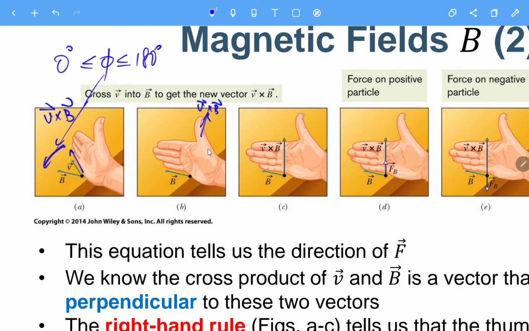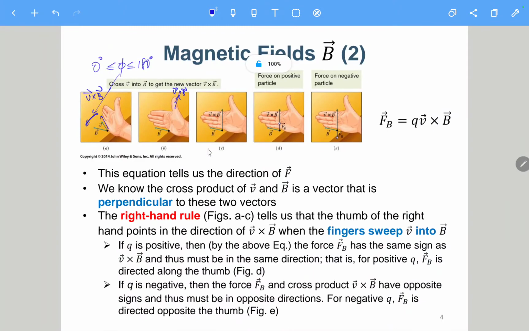So this is simply the cross product. I suppose you should have learned it in high school. We call it the right hand rule. We always determine the direction using the right hand. If you use the left hand rule, all the equations would have a negative sign.